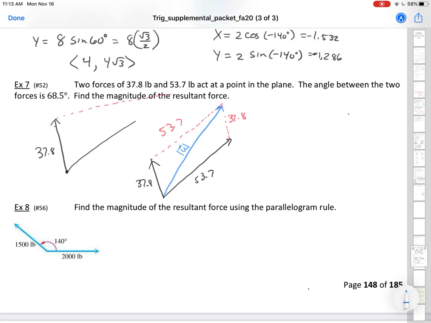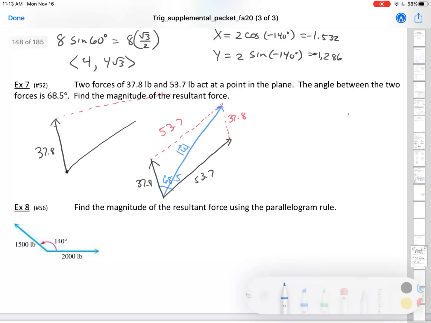Well, we do know a few things. We know that this is 68.5, right? The angle between the two vectors is 68.5. If that's true, then this is a parallelogram. I don't know if you know this property, but the two adjacent angles in a parallelogram need to add up to 180.